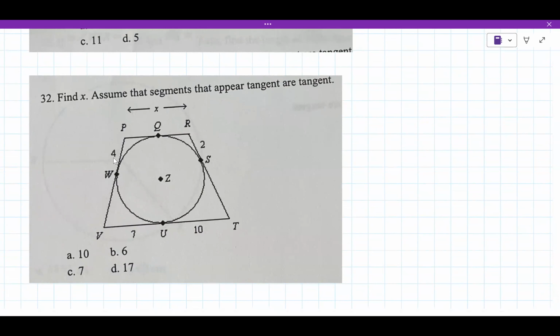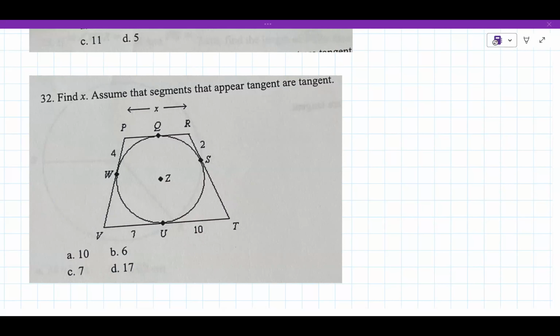So if I know that UT is 10, that means VU is also, is that supposed to be a question mark or a 7 for VU? This is a 7. All right, let's try to find X. If I know that UT is 10... Trying to figure this one out.